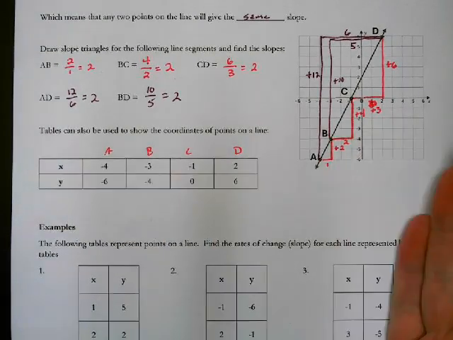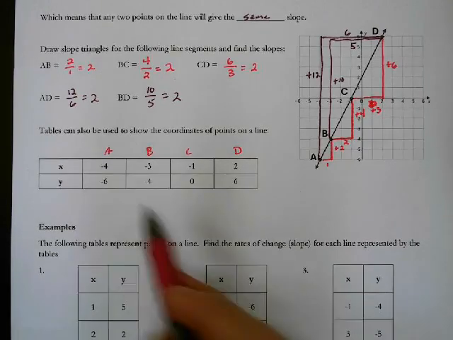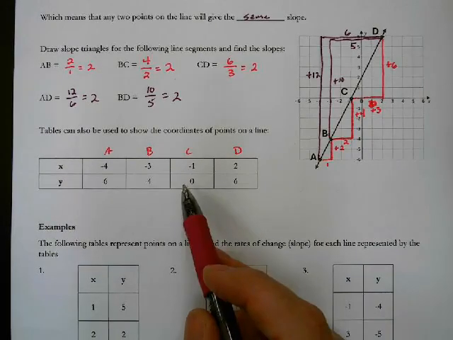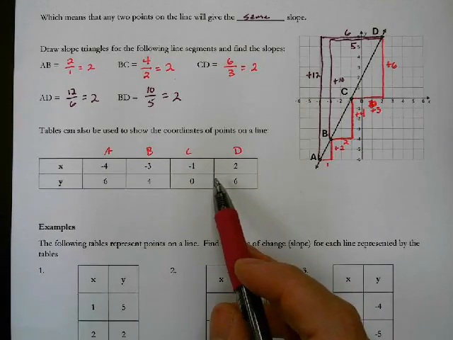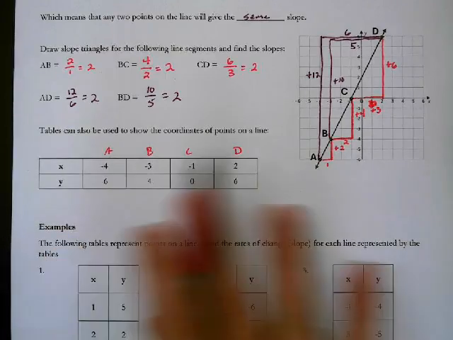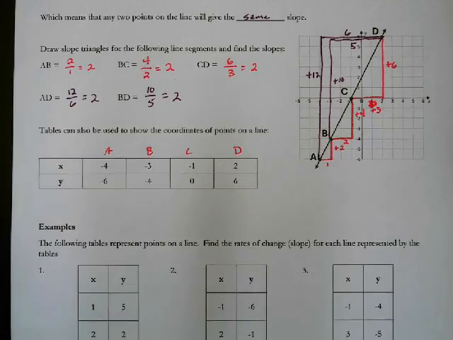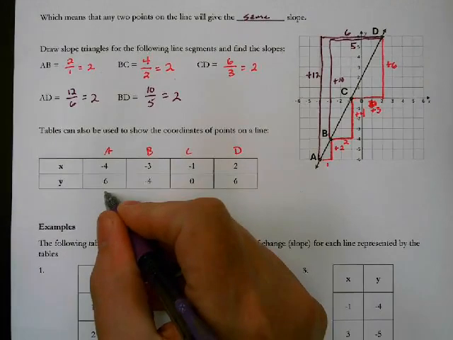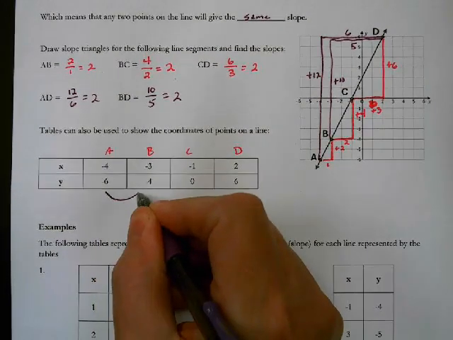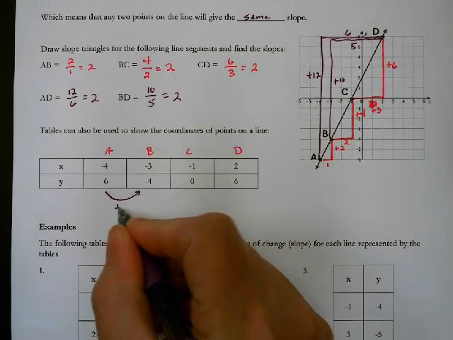And if you have a table and you know that you have a line, as long as the table represents points on a line, you can pick any 2 points on this table to see what the slope is. So I can do over here, from 6 to -4, the y is increasing by 2.